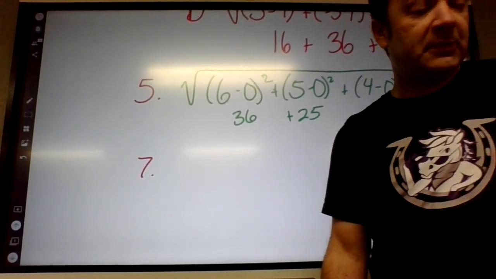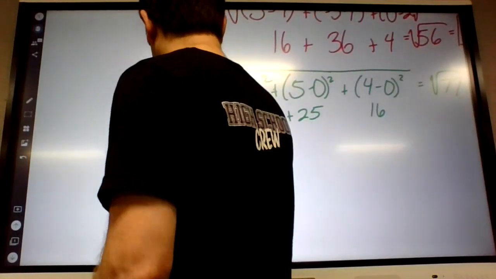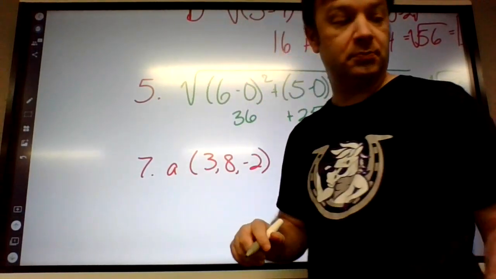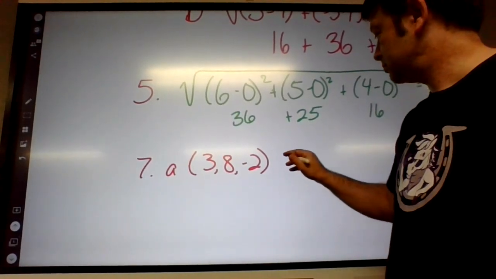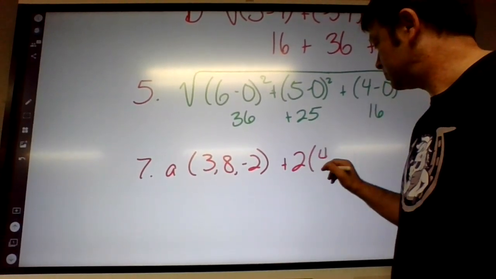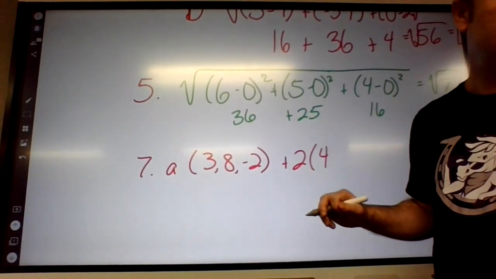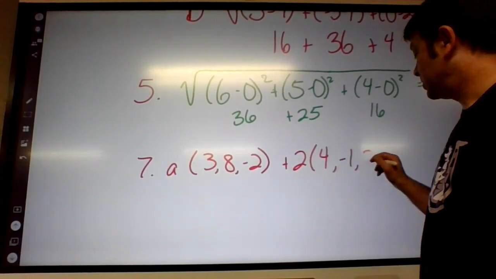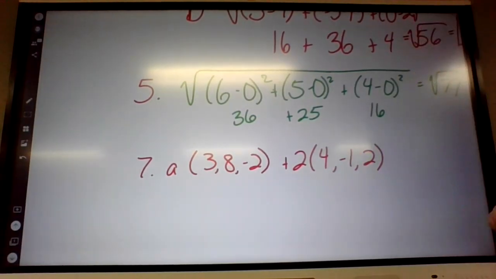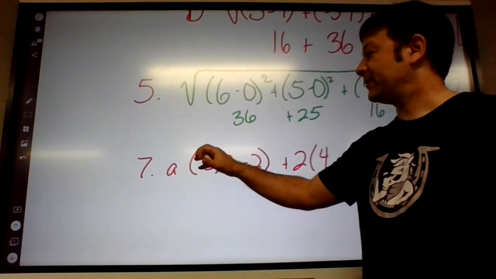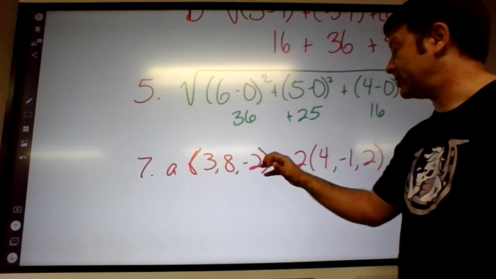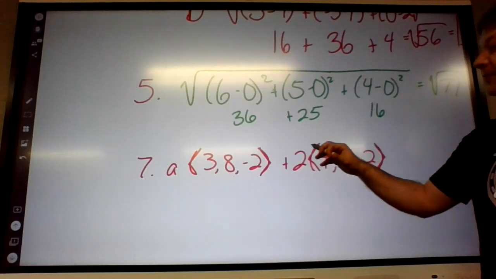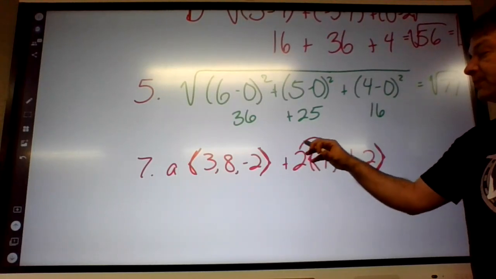Plus 3, negative 2. So they wrote it like this, but I think we're supposed to think of these as vectors, but it doesn't really matter. It's just like the vector work we were doing on the 2D version.